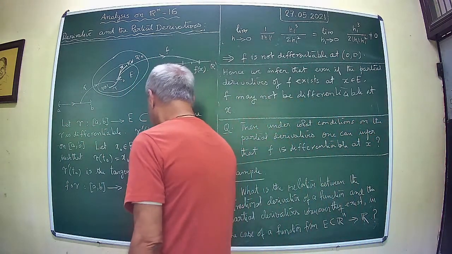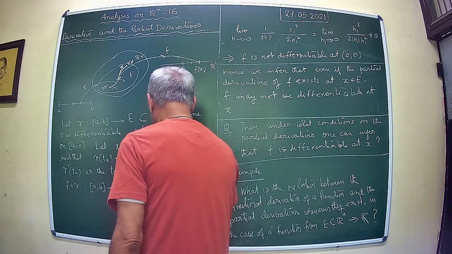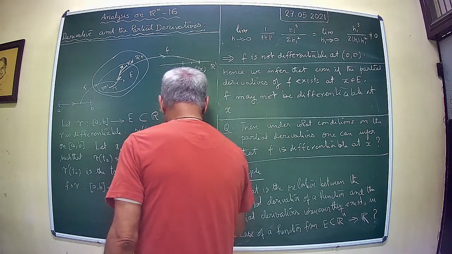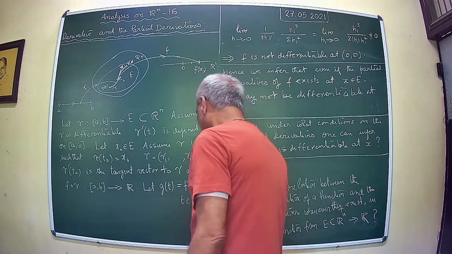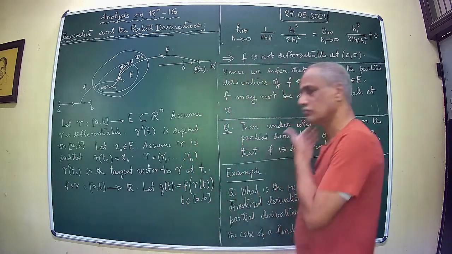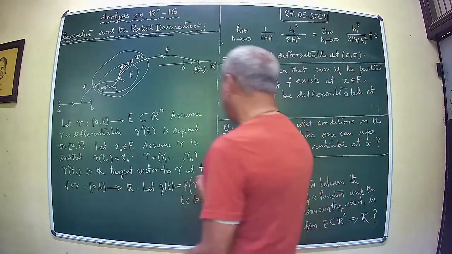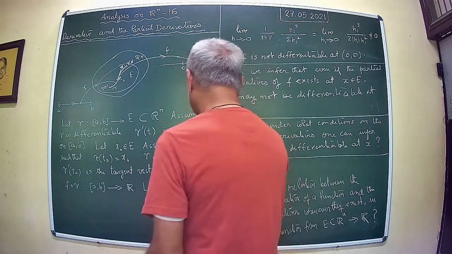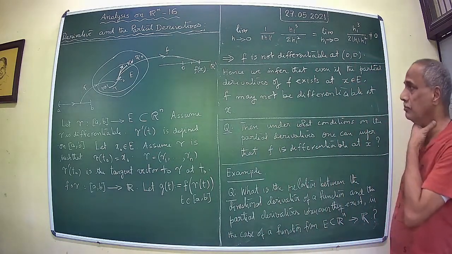So let G(t) = f(gamma(t)) for t belonging to AB. If f is a differentiable map, then f composition gamma is a differentiable map.